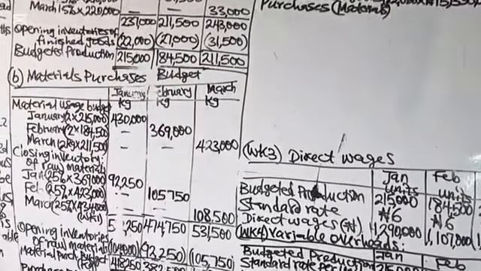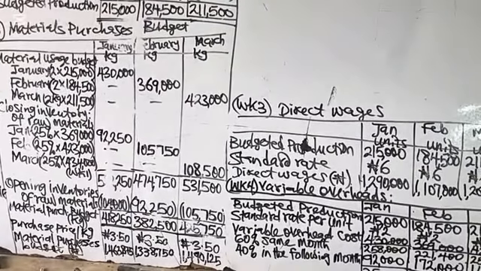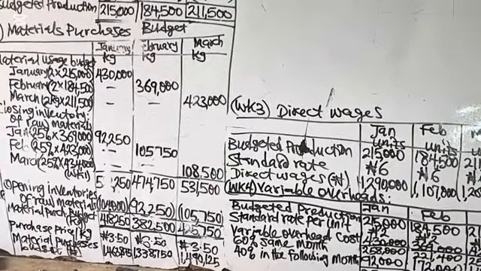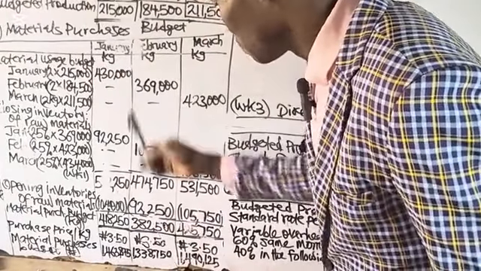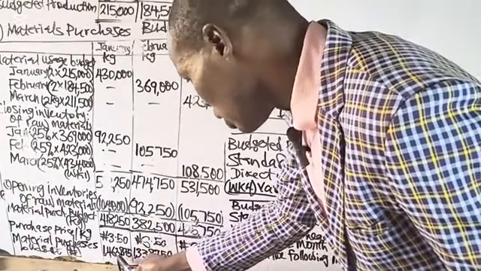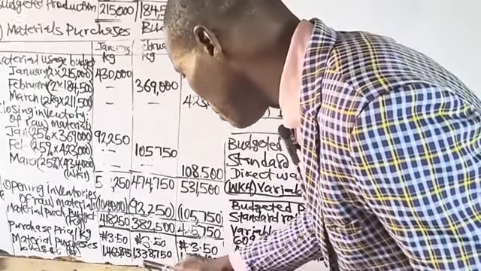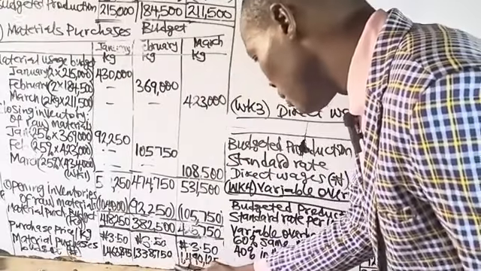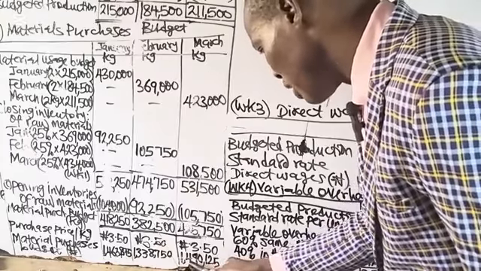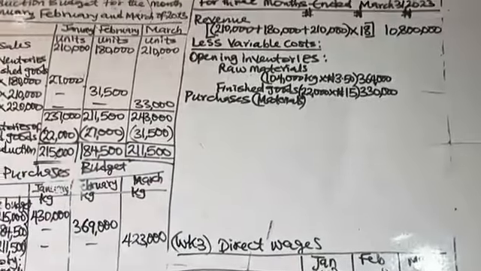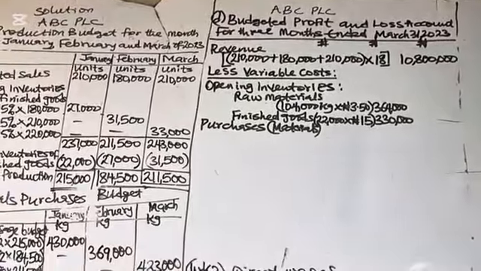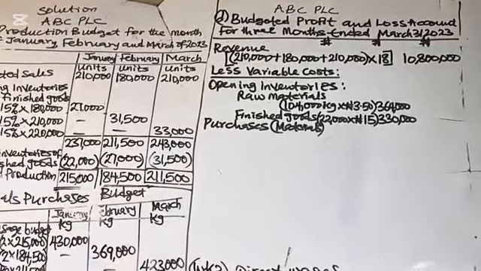So how much are the value of the materials? In the month of January, from our material purchase budget, 1,463,875. In February, 1,338,750. In March, 1,490,125. We will sum up the budgeted purchase for the 3 months period and include them in our budgeted profit or loss.